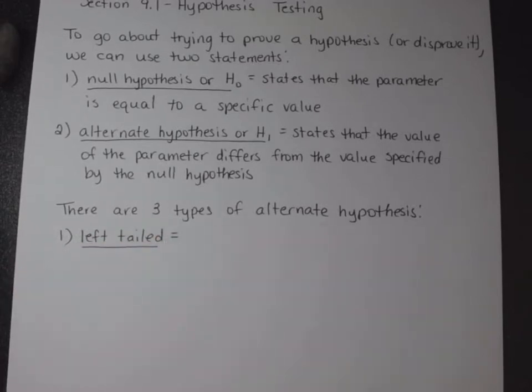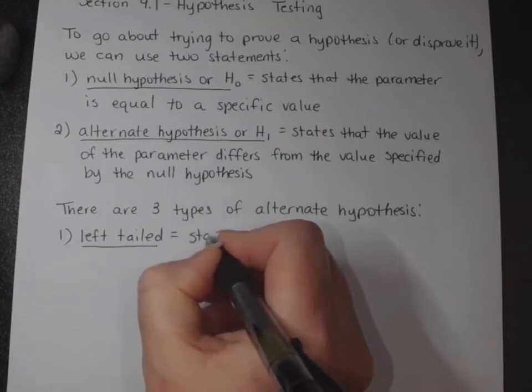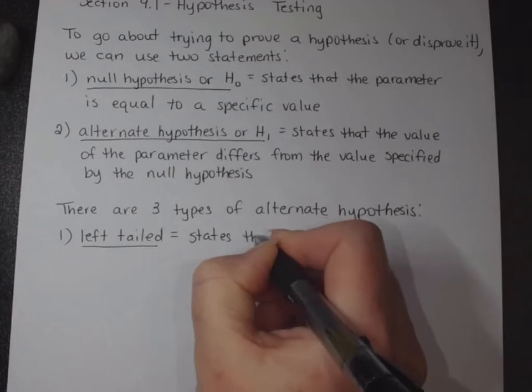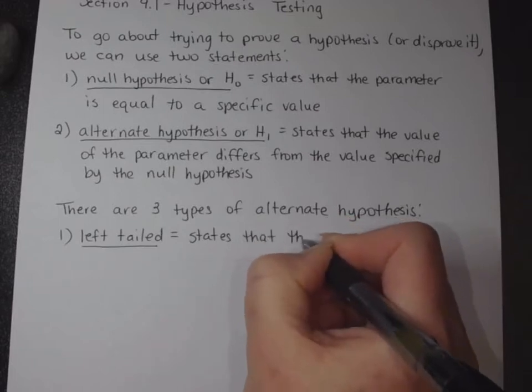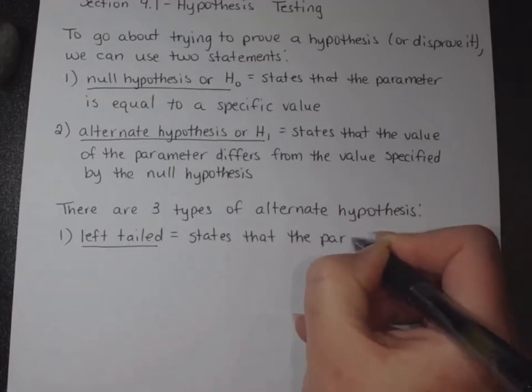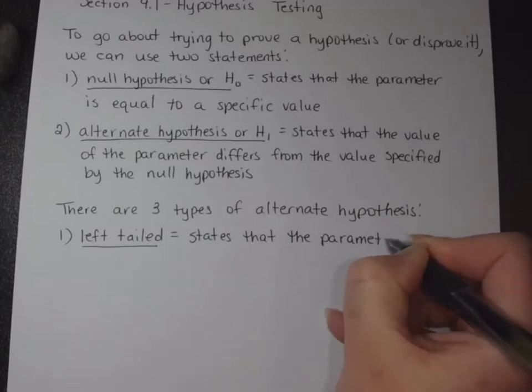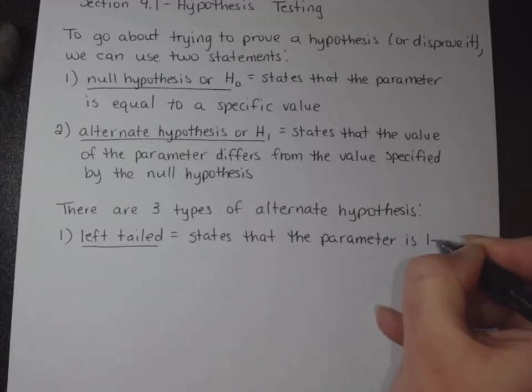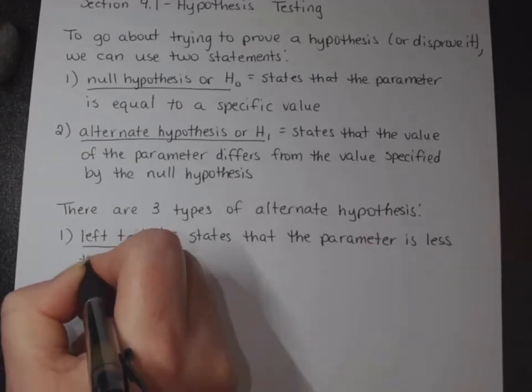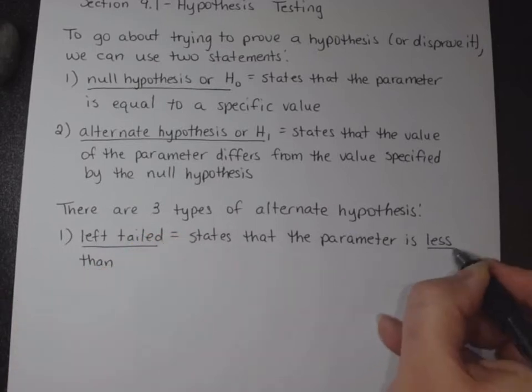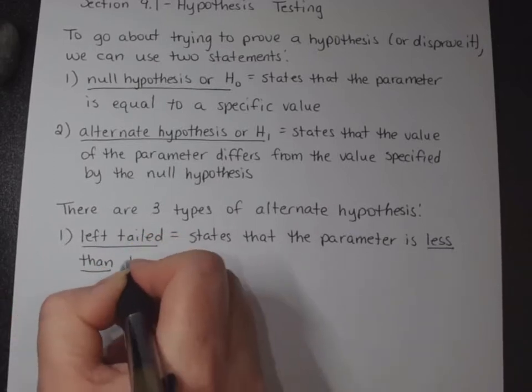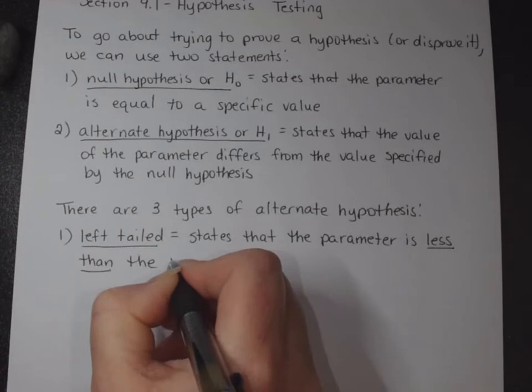Think about numbers on the number line that are to the left of another number. So in a left-tailed test, it states that the parameter is not what we said in the null hypothesis, but that it's less than the value specified by the null hypothesis.